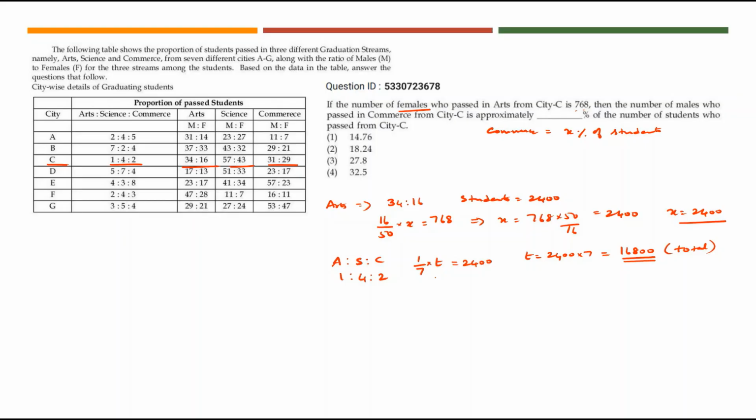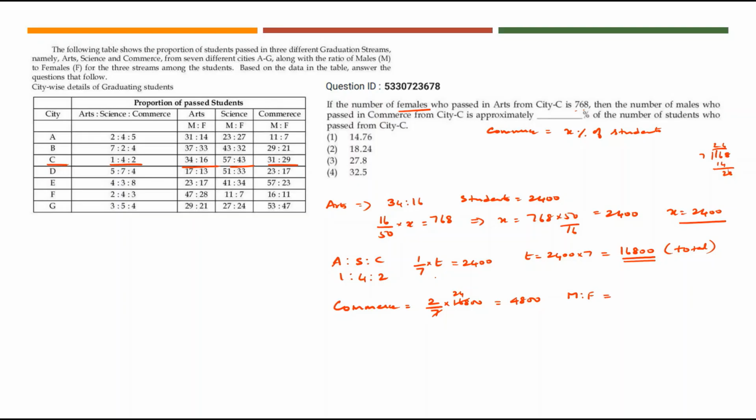From here we have to find commerce stream males. So commerce is equal to 2 by 7 into 16,800. What is 168 divided by 7? 7 2s are 14 and 7 4s are 28. So this is 24. So we have 4,800 students in commerce. Just find the male to female ratio here.